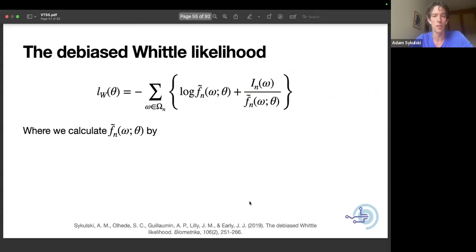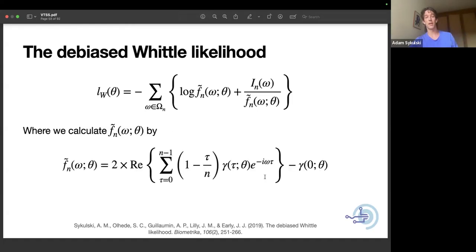On this slide, we can calculate this F tilde via a Fourier transform. I'm going to gloss over the details, but because we have a model of the autocovariance, we can actually compute F tilde, our biased spectral density, by taking a Fourier transform, but in a very specific way.